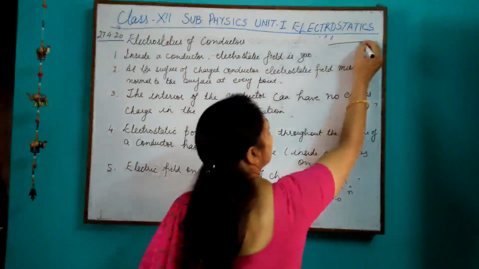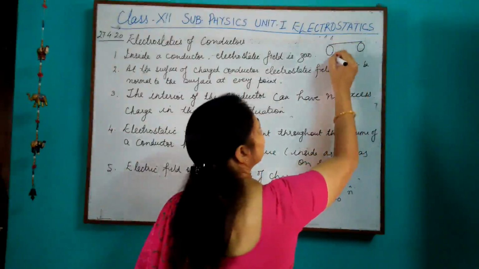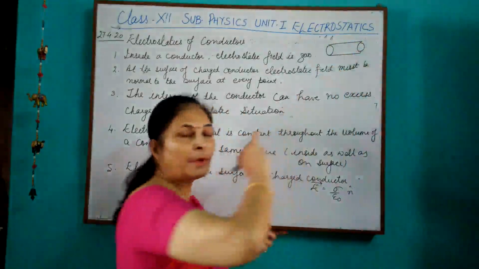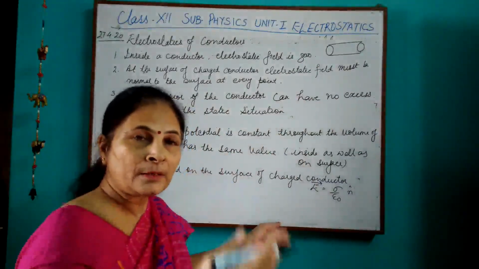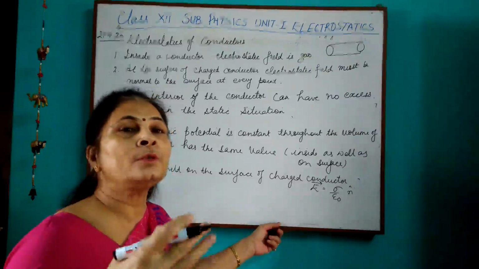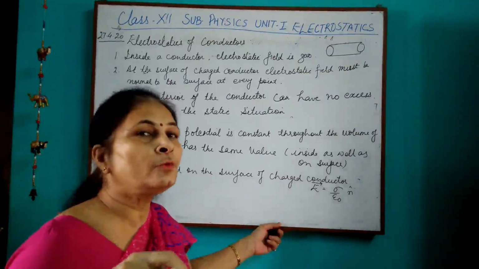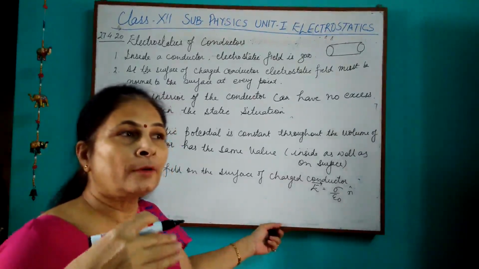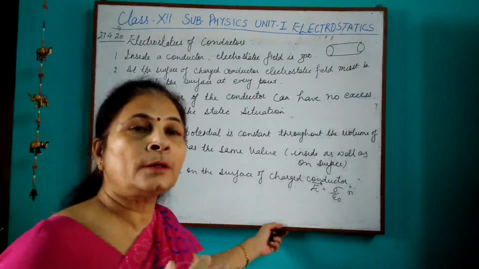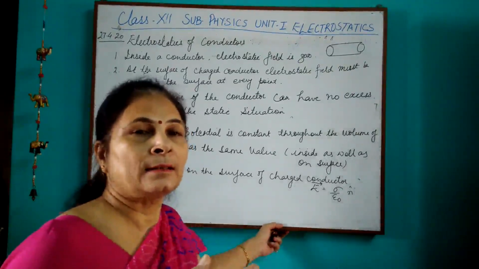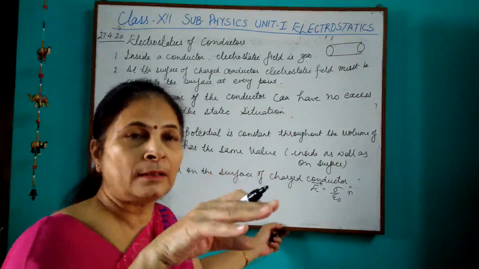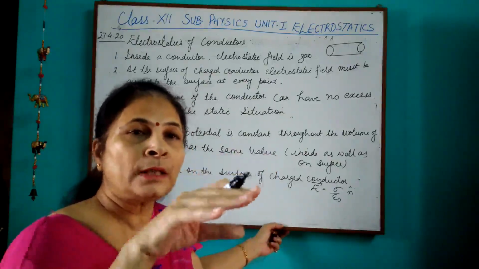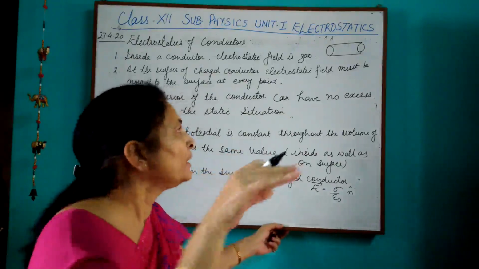Suppose this is a conductor. It is made up of atoms, and in metals, the property is that the outermost electrons become free to move inside. They form a type of gas inside the lattice, and they can move around in that region.